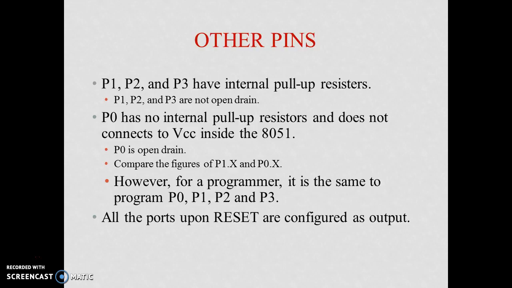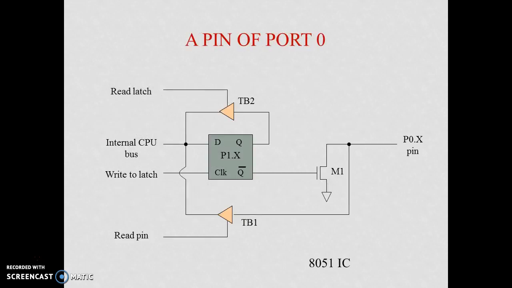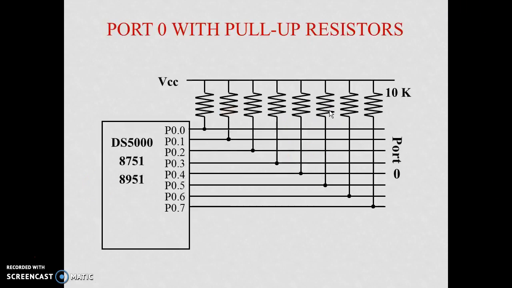There is no difference in the internal working of these ports, except that we need to connect an external pull-up resistor at port 0. Here there are no pull-up resistors, so we have to connect such external resistors at the pins.